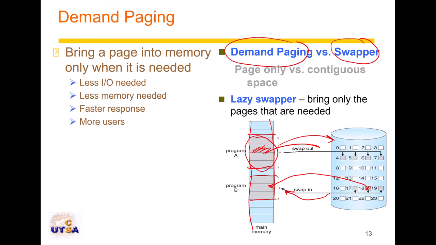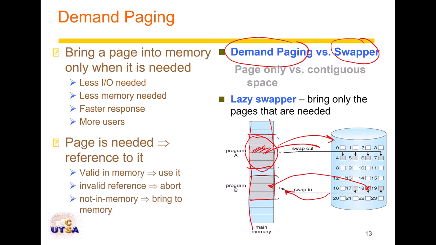As we discussed before, there are several advantages of this compared to swapping. First of all, it will be really fast, and it will be very efficient in terms of input output, because you only swap out and swap in the necessary pages, and you don't lose control of the whole program, and both programs are still able to execute under virtual memory management.